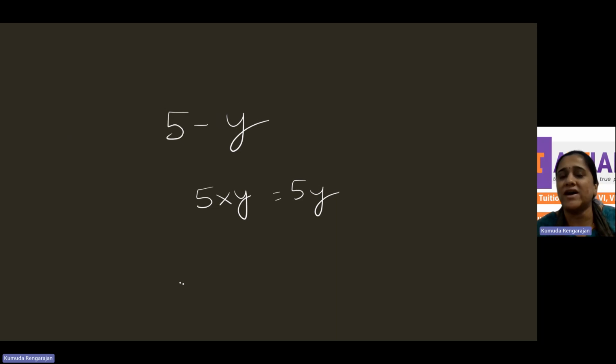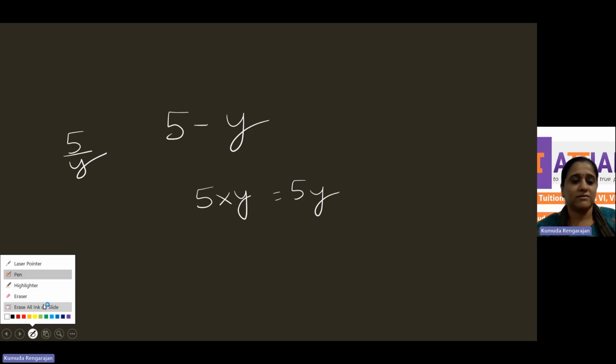The quotient of 5 and a number, the quotient of 5 and Y, means 5 by Y. So sum means addition, difference is subtraction, product is multiplication, quotient is division.